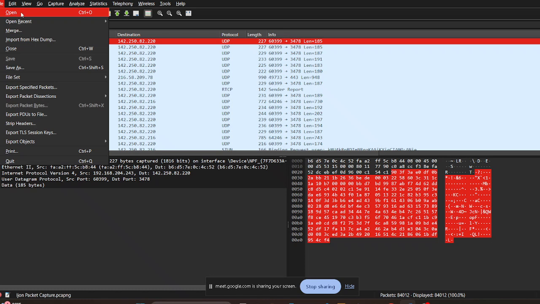Select the file, and it will load like this.